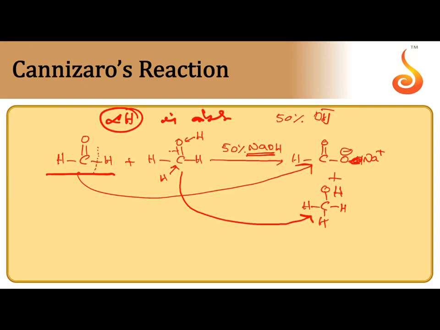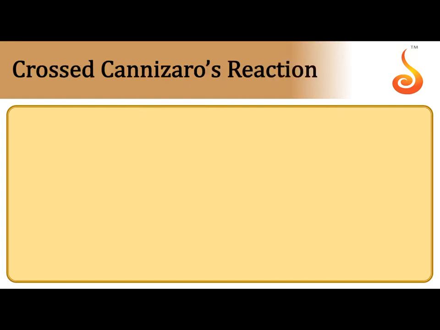That's why this reaction is known as a disproportionation reaction. Other examples: benzaldehyde also undergoes the Cannizzaro reaction. Crossed Cannizzaro reaction: when two different aldehydes without alpha hydrogen are used, such a Cannizzaro reaction is called crossed Cannizzaro reaction.